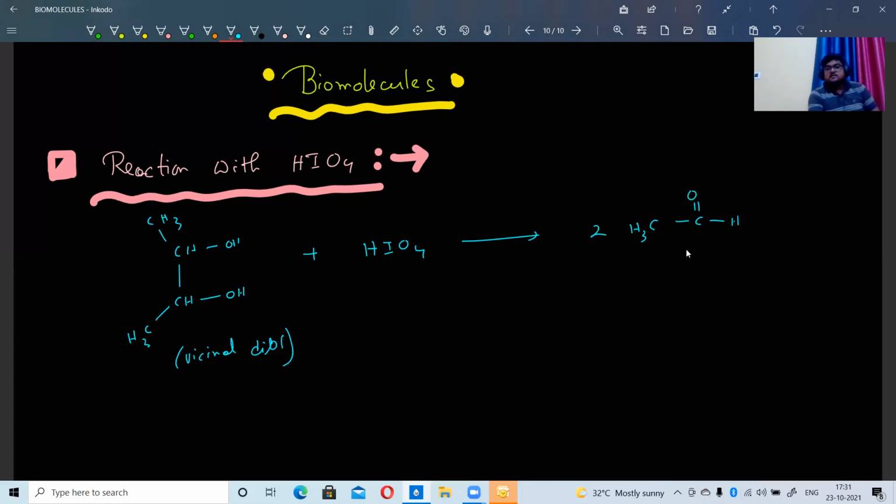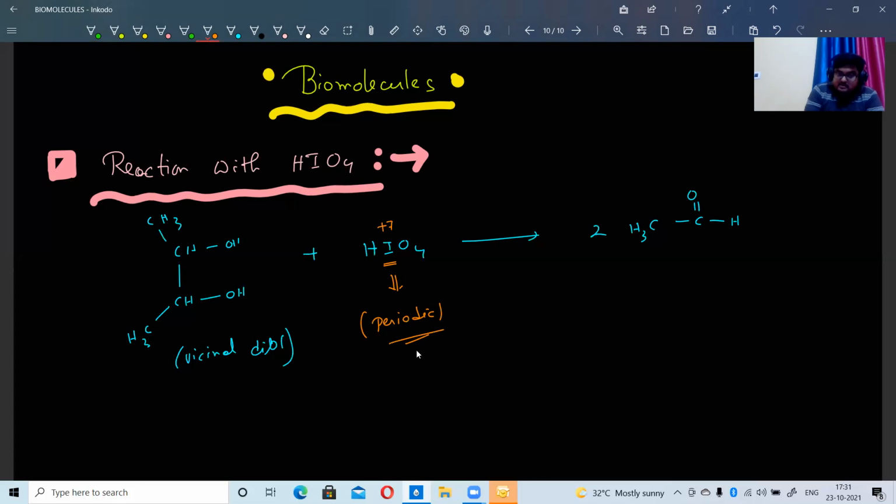Now tell me, what is the role of HIO4? What will be the oxidation state? If you write down the oxidation state of iodine, it is +7. What is the highest oxidation state of iodine? That is +7. So in this case, iodine appears with its highest oxidation state. From here we can say this is periodic acid. In periodic acid, iodine is present in its highest oxidation state.